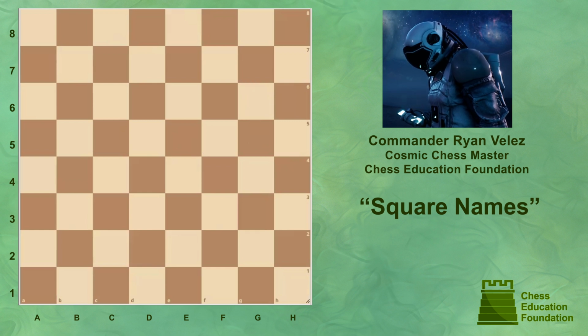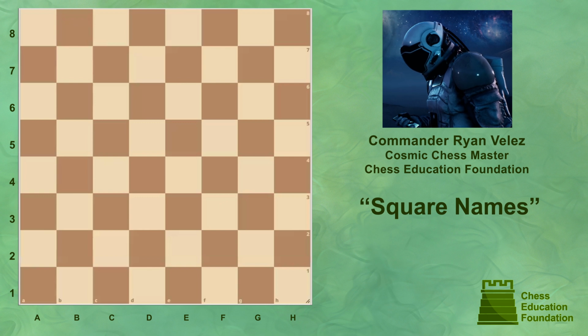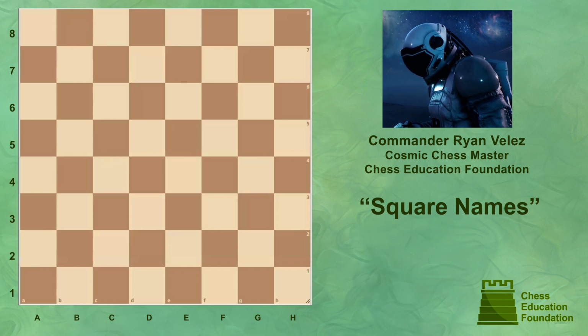Let's try another one. Can you find the C3 square? Here it is, right here. Now I want you to find the A7 square.